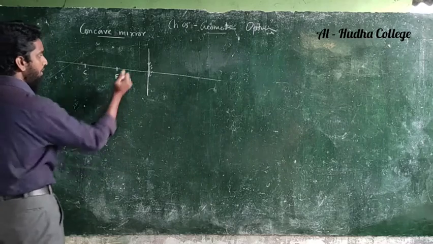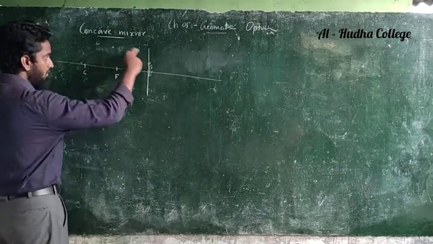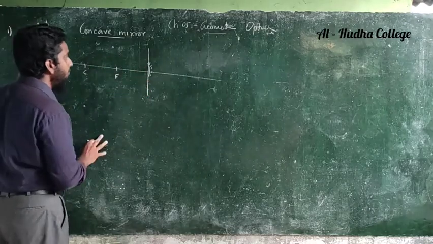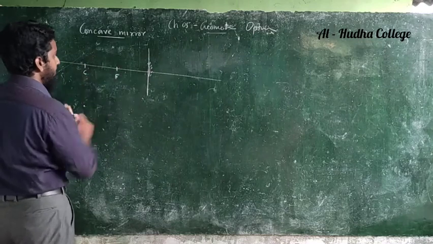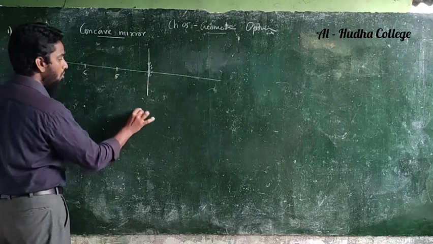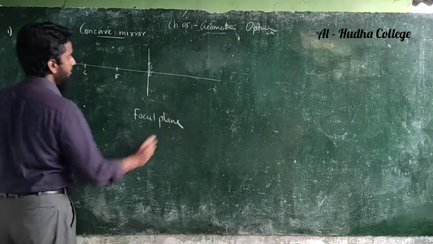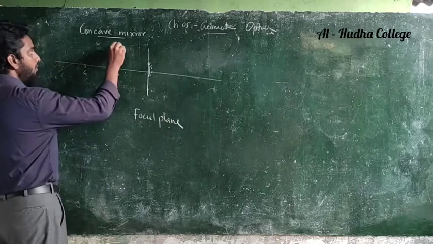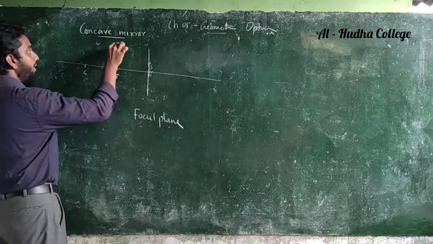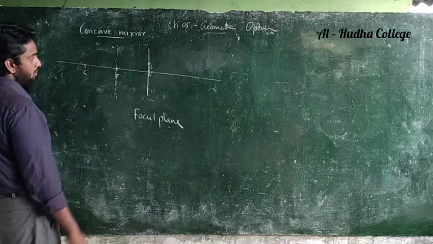Another thing I want to introduce to you is another part of the structure, which is known as the focal plane. The focal plane means a plane perpendicular to the principal axis, at the same time going through the focus.